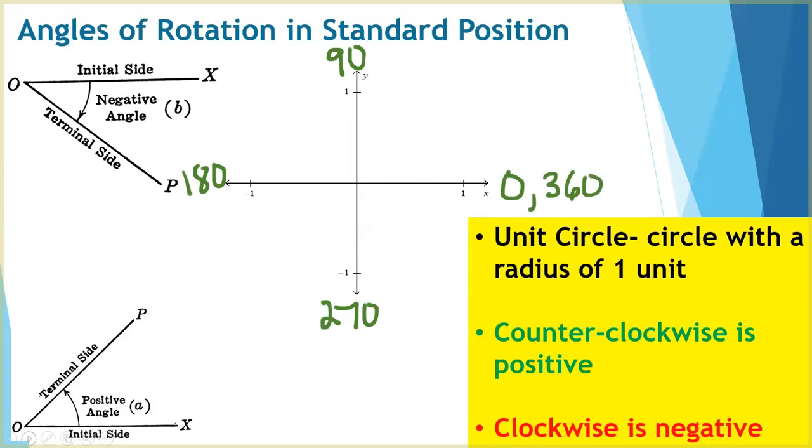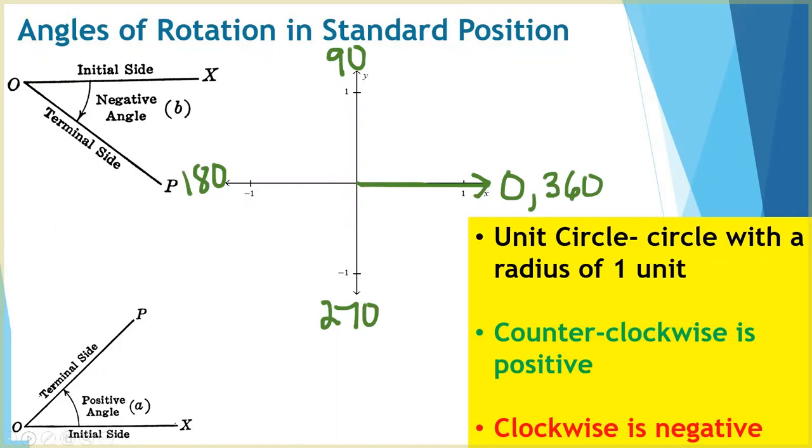Okay. So if I ask you to sketch a 60-degree angle, you would start here, because we always start here. This is called the initial side.